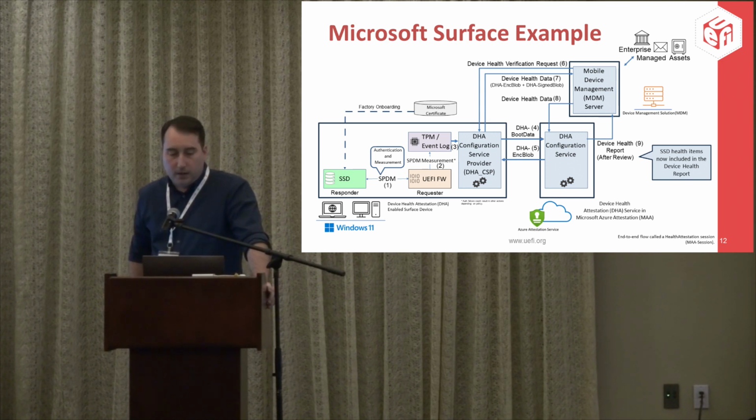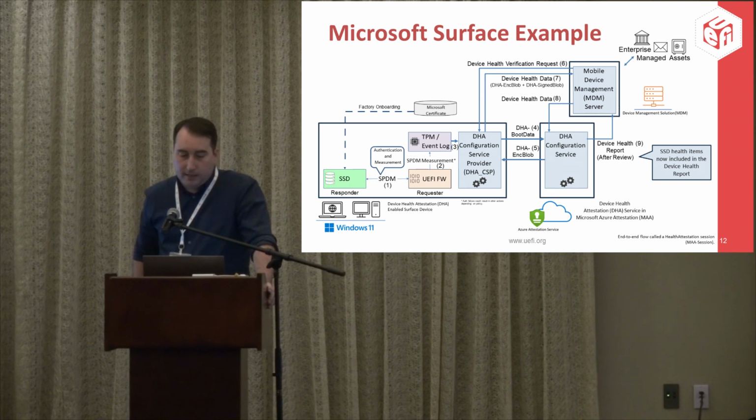At that point, the device is provisioned, and you see that going to the SSD that's in this box. I didn't call this out, but that box represents the device itself. That's enabled in a service called Device Health Attestation, which is a Microsoft service to attest to the health of a device.